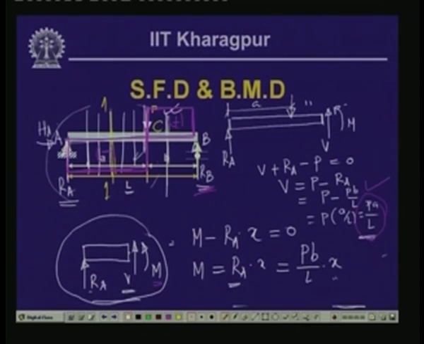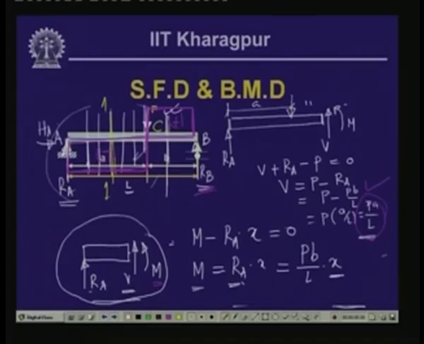As you can see here, the moment is varying linearly with x. When x equals 0, the bending moment is 0 at this particular point. When x equals a, that means just at this load point or just to the left of the load point, the magnitude of the bending moment becomes P B by L multiplied by a.